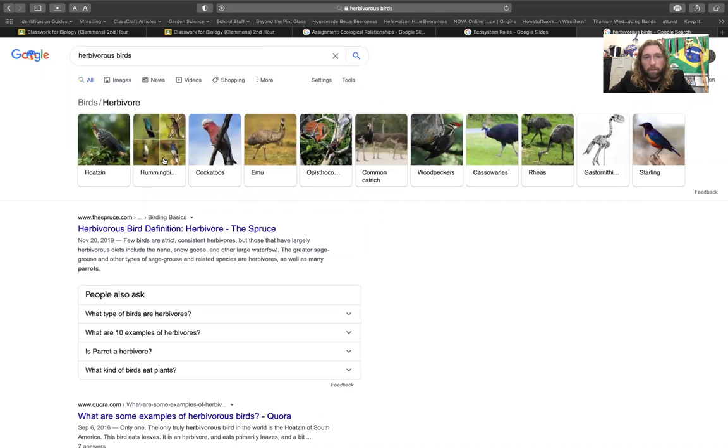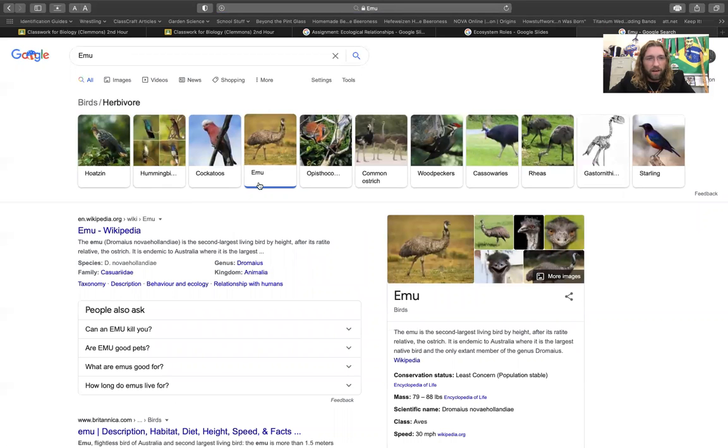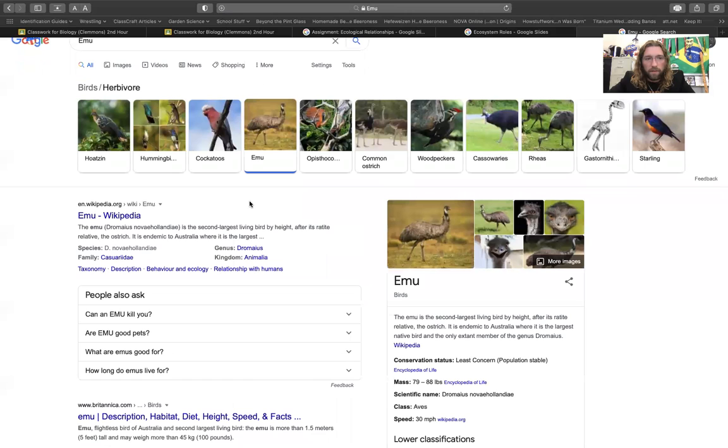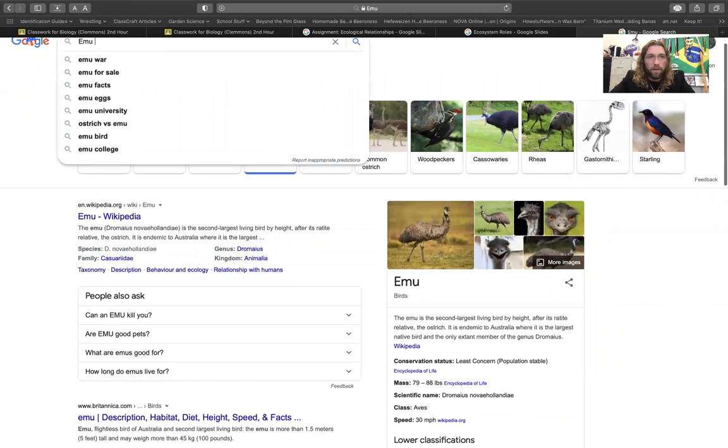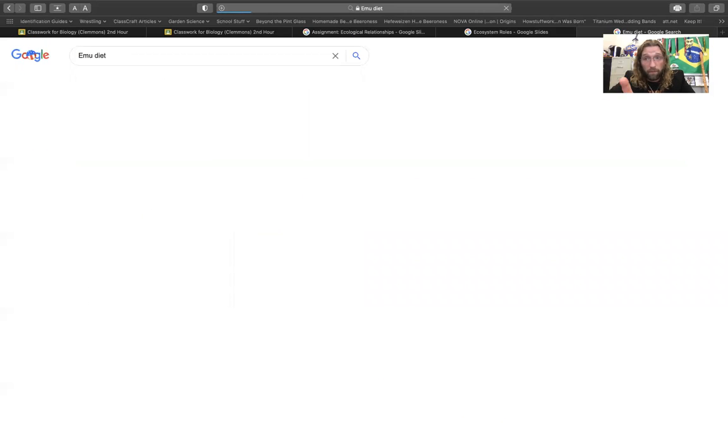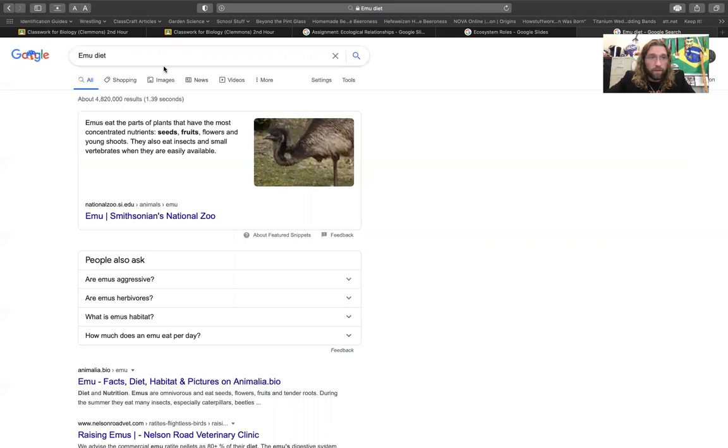Oh, look, a hummingbird would be a good example. And maybe an emu. You actually have to look at some of these. So I know hummingbirds only do nectar, so that would be a good example. But say for an emu, I think they might eat something other than just plant material. So you would want to type in emu diet to confirm before you use it in your example.